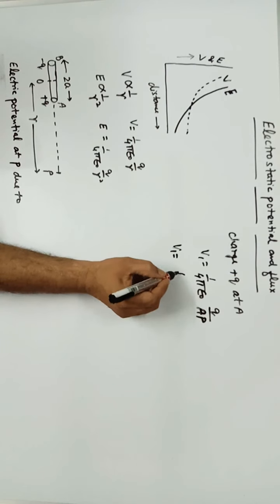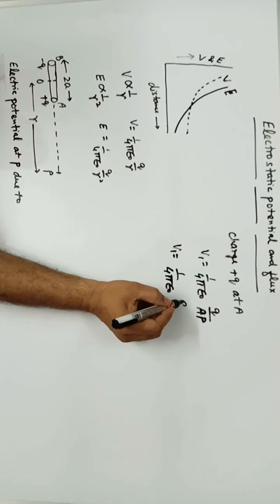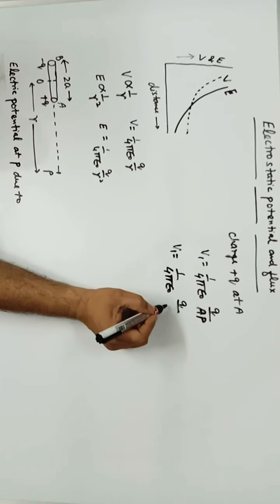So V1 is equal to 1 upon 4 pi epsilon naught q upon r minus a.